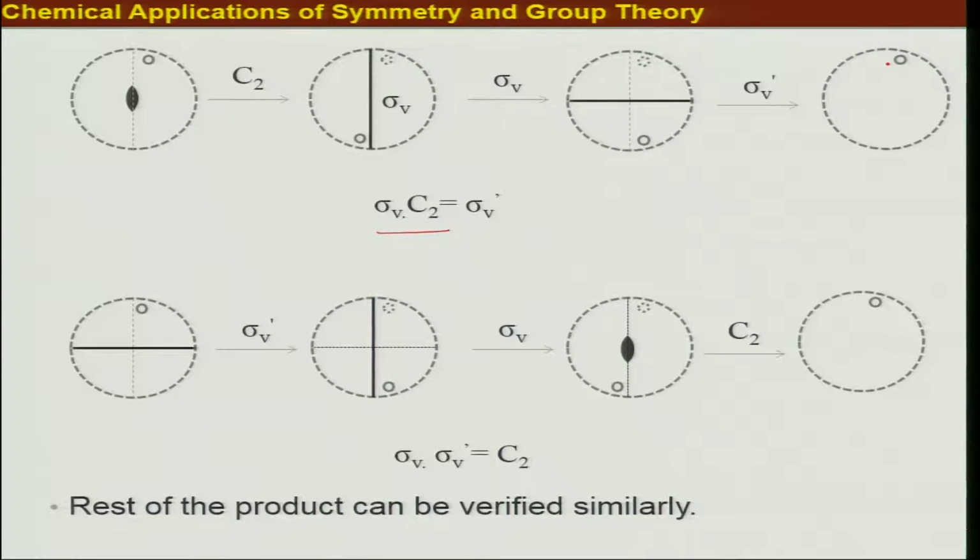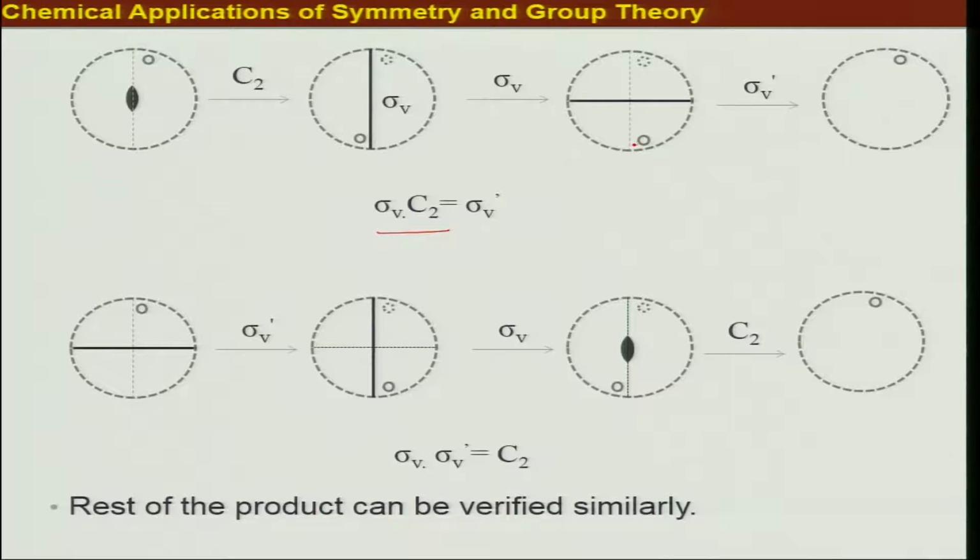Sorry, there was a mistake, let me correct that. So you have operator C2, it comes here, and you take a sigma v which is along this plane, and you generate a similar point over here that you can see here.